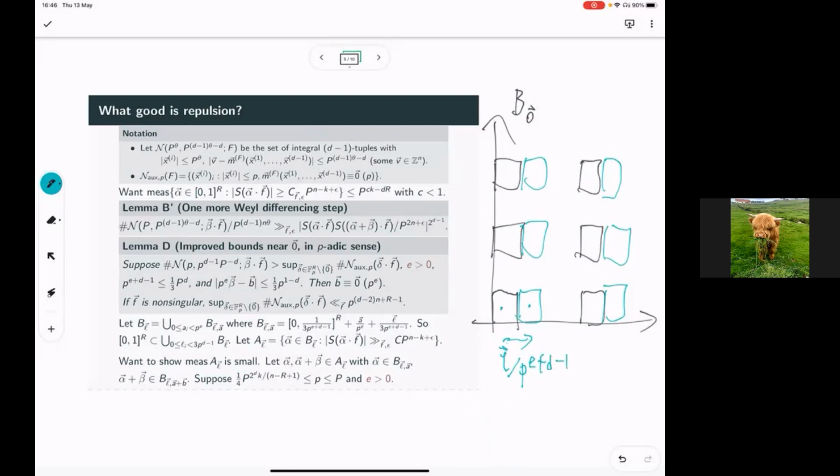So this is a slightly funny looking normalization, and one should think of this as essentially being capital P to the D. So this is essentially L divided by capital P to the D.